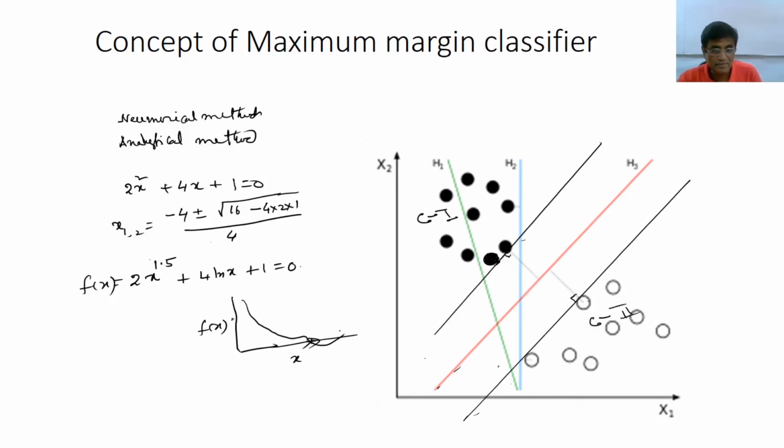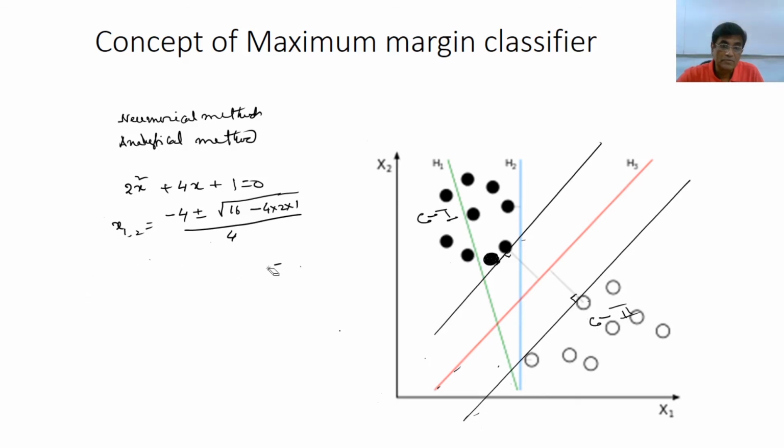Okay, so there are well-known numerical methods which do this. You start from some value of x, and iteratively you adjust that value till the function value changes its sign, and then you can be assured that your x actually lies between those values, and then you again refine your search using a repetitive algorithm to figure out the solution for x. So this is basically numerical method, and this is analytical method.